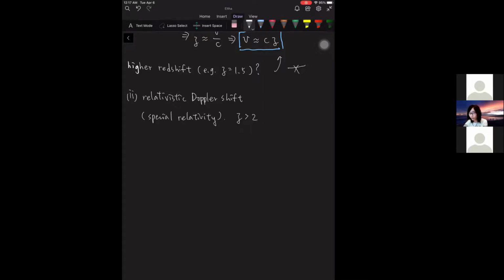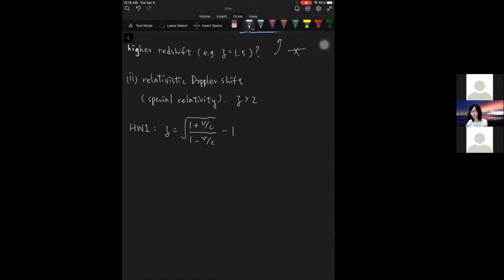Let's use an example from the homework. From your homework 1, there's an equation of z equal square root of (1 plus v over c) divided by (1 minus v over c), minus 1. The homework asks you to solve this equation for v in terms of z. This is the relativistic version, but you might feel it's strange because you don't know how this equation is derived, right?